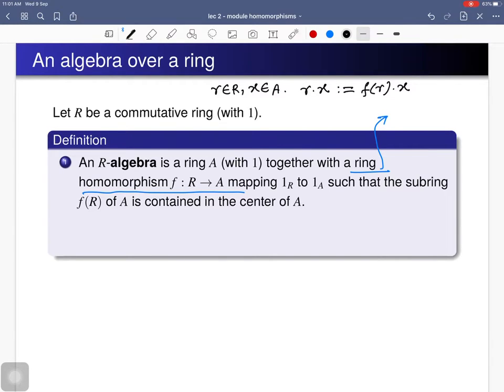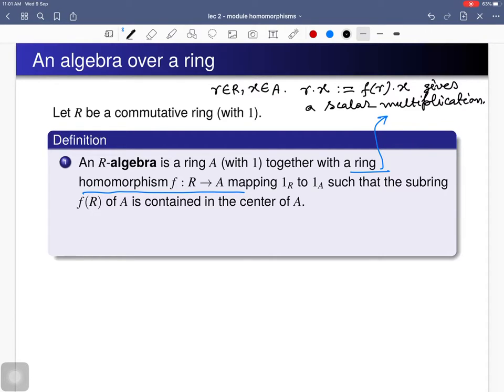So this multiplication is happening inside A. A is a ring, so you can multiply these two elements of A, and your scalar multiplication you define in this way. Then you can verify that A is actually an R module. So this gives a scalar multiplication.